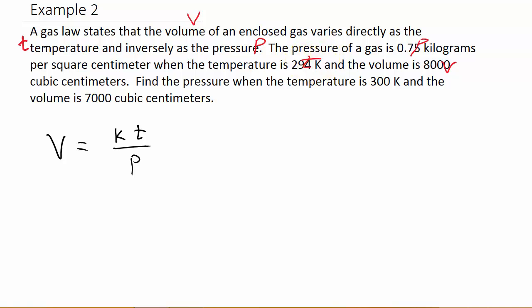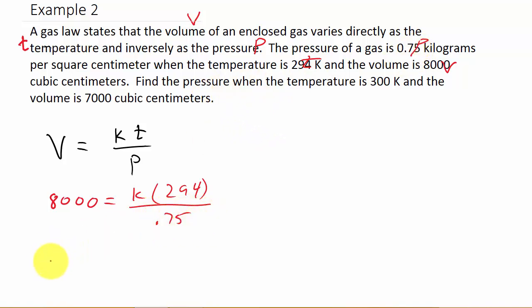So we have 8,000 is equal to k times T, which in this case is 294, over P, the pressure, which is 0.75.